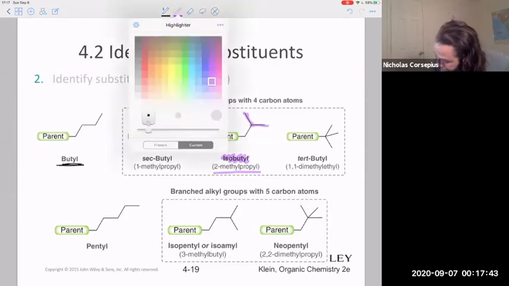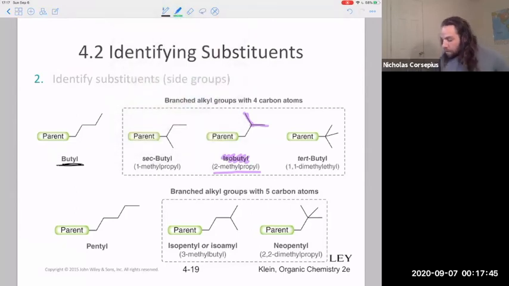Another one is sec-butyl. Again, there are 1, 2, 3, 4 carbons in the sec-butyl chain, but notice that it is not linear. The parent chain is bound to the second carbon. That's where that name comes from.